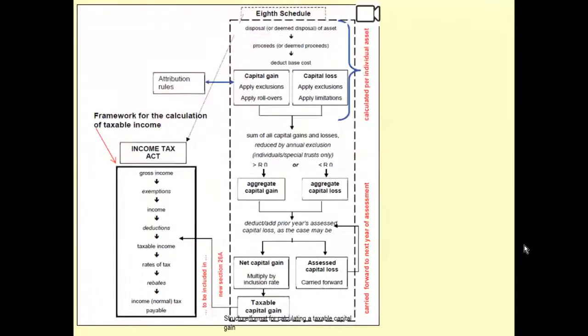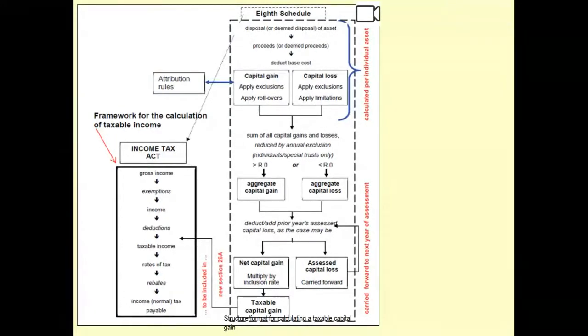Great. Right. Then, ladies and gentlemen, I really cannot emphasize enough how important this particular diagram is, because the structure or the order that you follow for determining capital gains tax is very, very important.